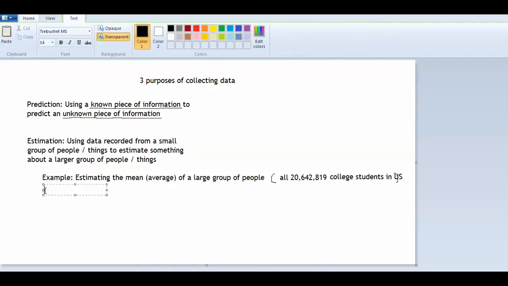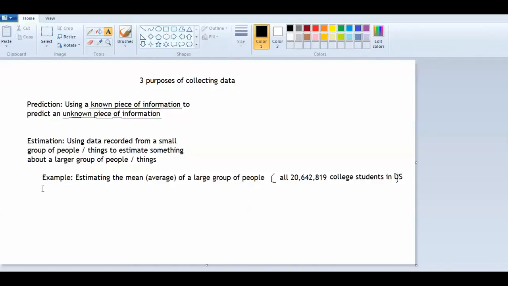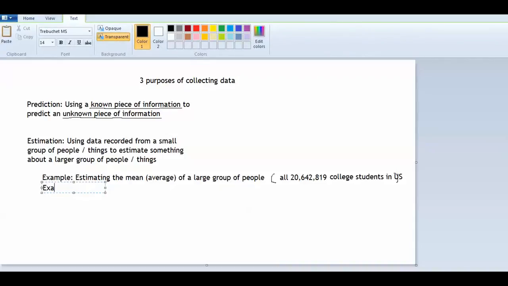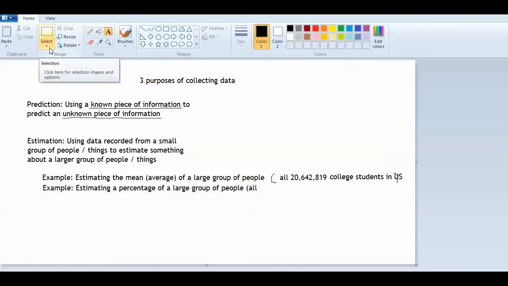What's another example? Maybe estimating a percentage of a large group of people. Let's use our same example again of all college students in the US, just to be consistent.